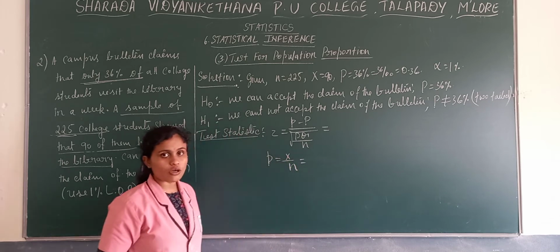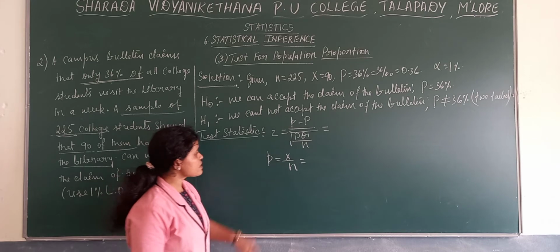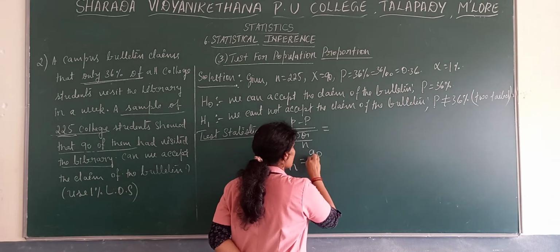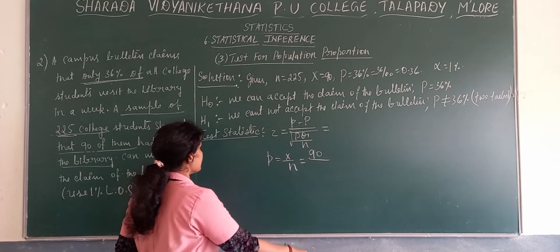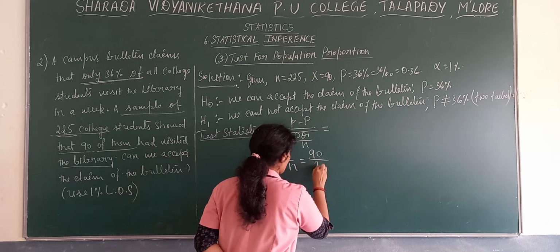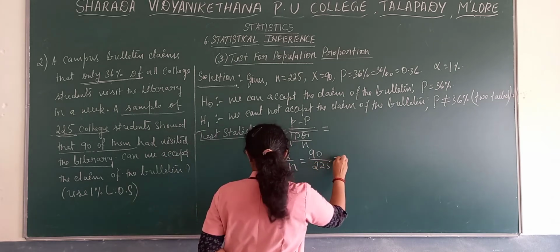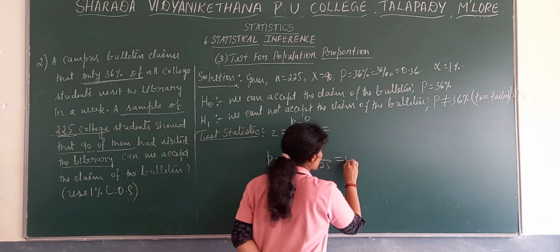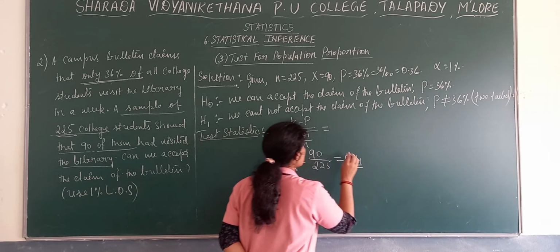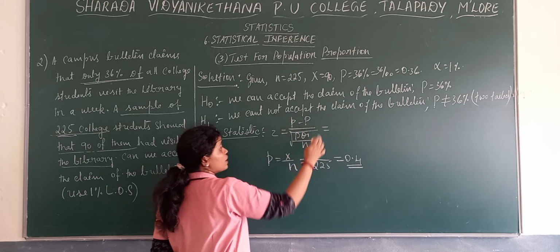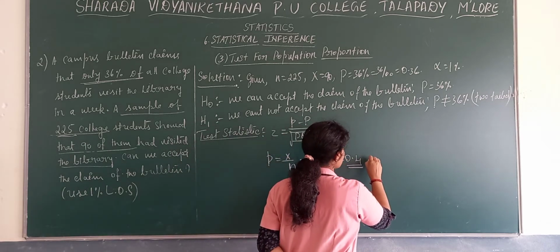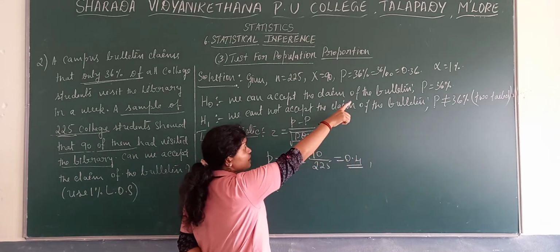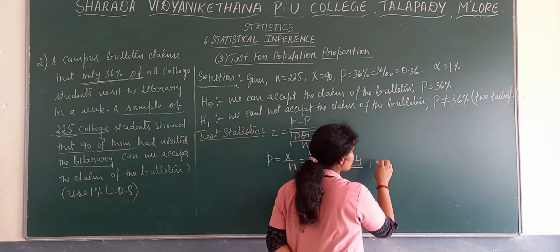So what is the value of x there? Value of x is 90 by, what is the value of n there? N is 225, and 90 by 225 you get 0.4. Next, what do we require? P. P we know, that is 0.36.